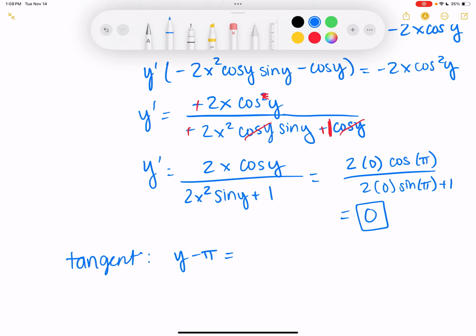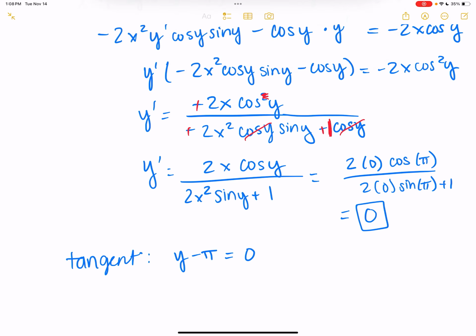Your slope is 0, so it would be multiplied by 0, so you don't even need to write out the rest. So then that means that y is equal to pi. So the tangent line is y equals pi.